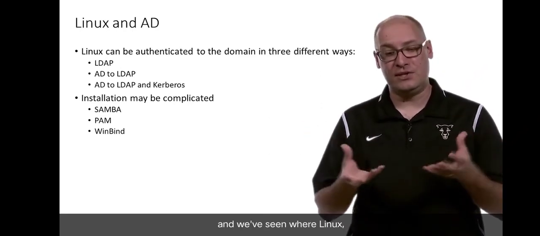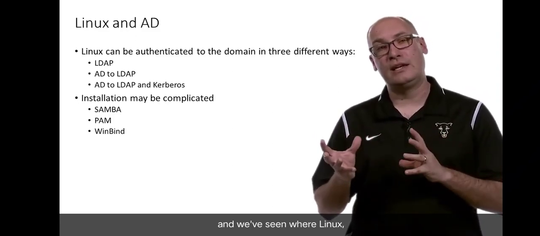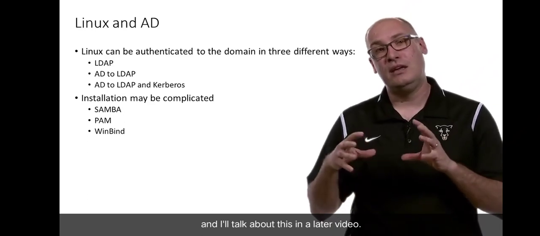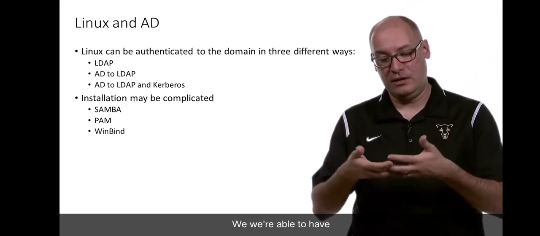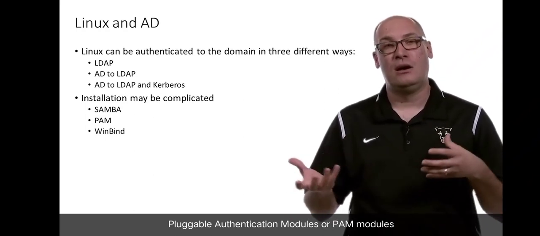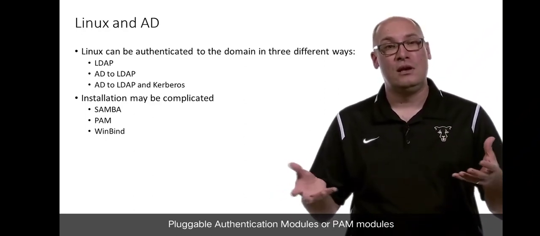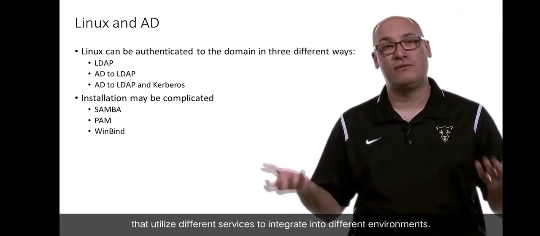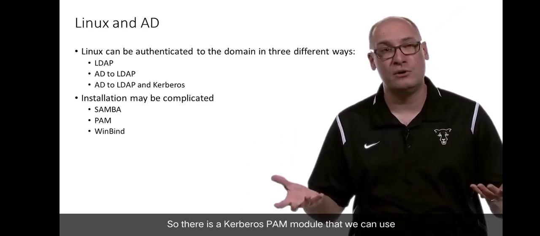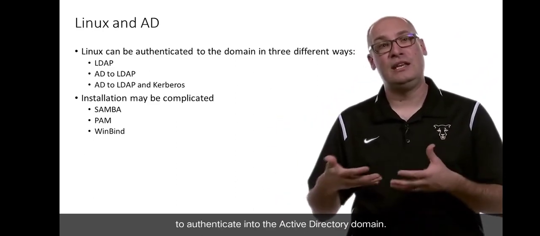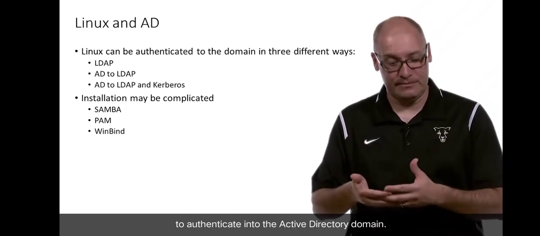And we've seen where Linux, and I'll talk about this in a later video, we're able to have pluggable authentication modules or PAM modules that utilize different services to integrate into different environments. So there's a Kerberos PAM module that we can use to authenticate into the Active Directory domain.